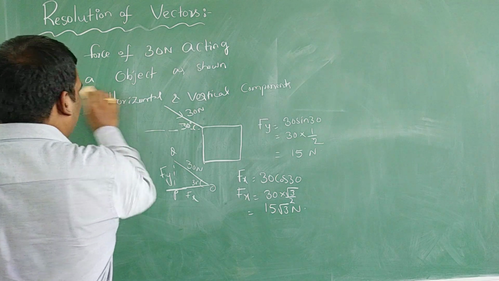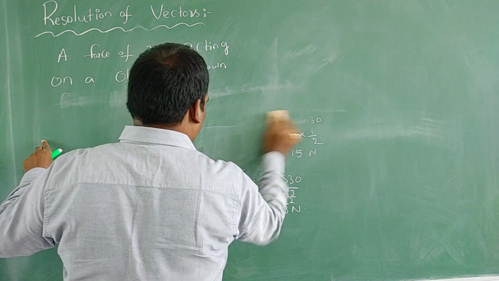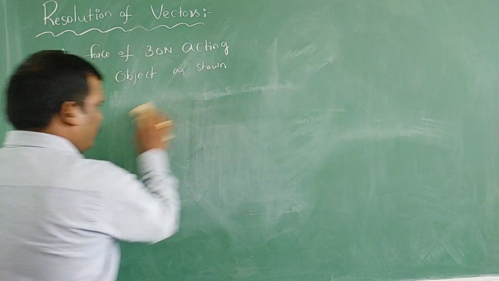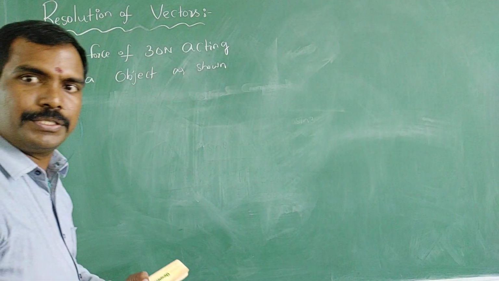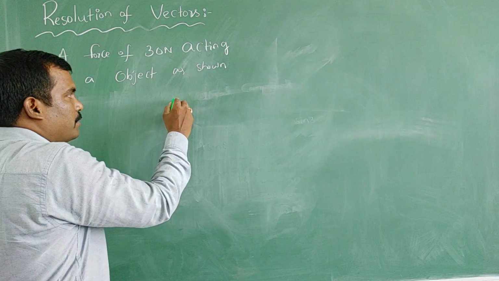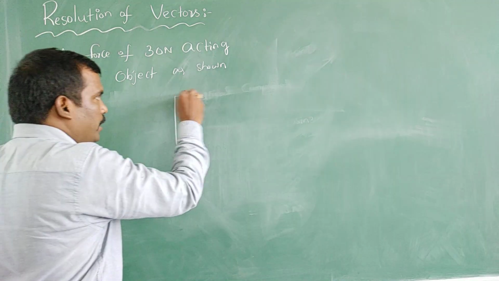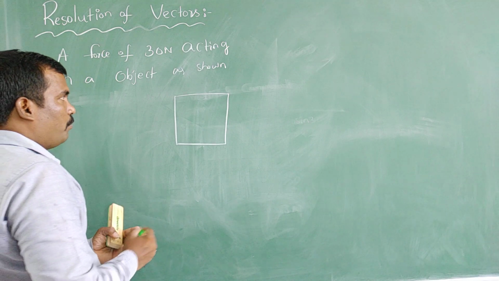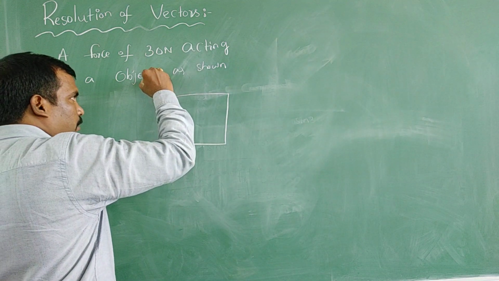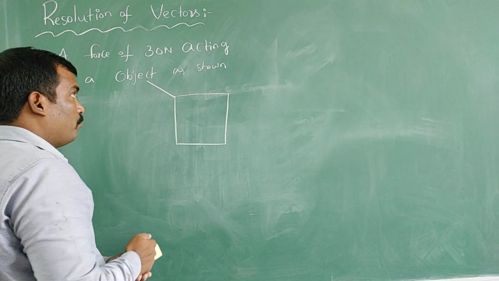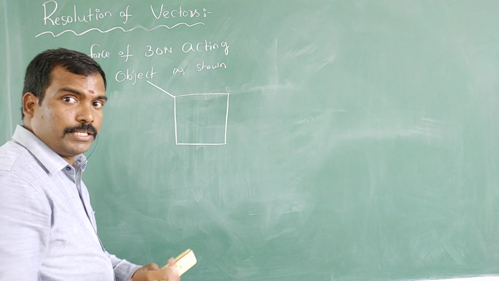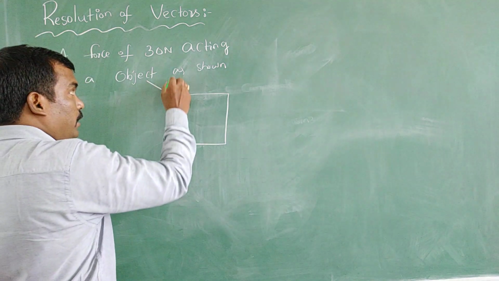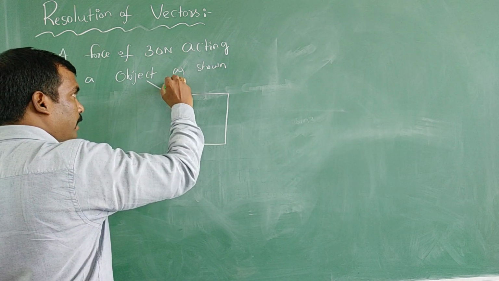The question is the same, the data is the same, but now I want to take one more diagram. The diagram is like this. The object is here. Now the force is acting in this way, but what is my intention here? The angle is there.